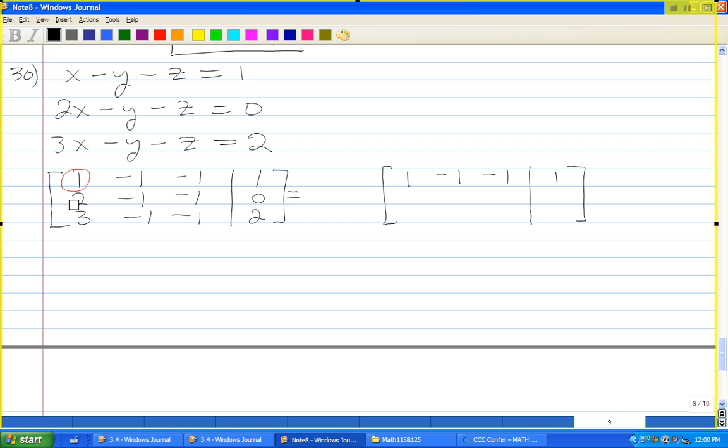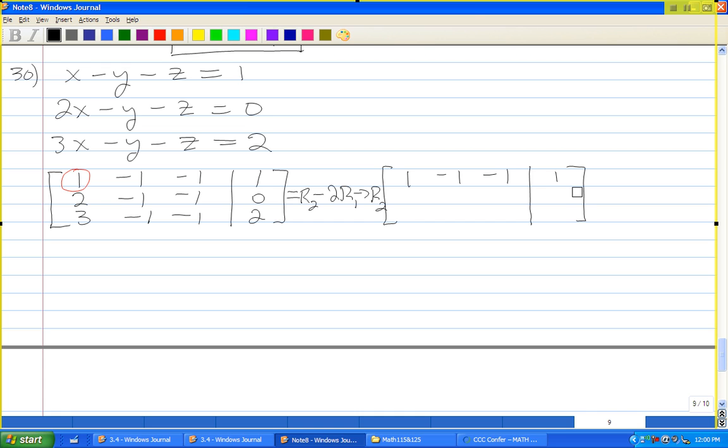When you add to the second row, then this will make this term 0. So you'll take the second row, subtract 2 times the first row, to give me a new second row that I'll write here.